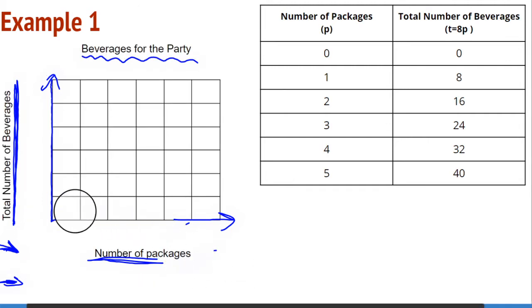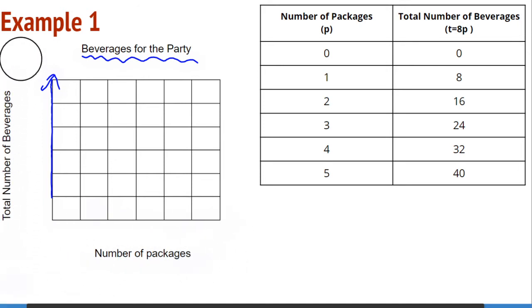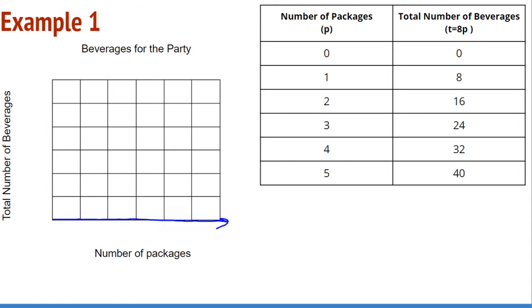So looking at my graph here, I need to ask myself, what is the scale? Now the scale is what I am going to be counting by. As I look at my table, I'm counting by ones for the number of packages.